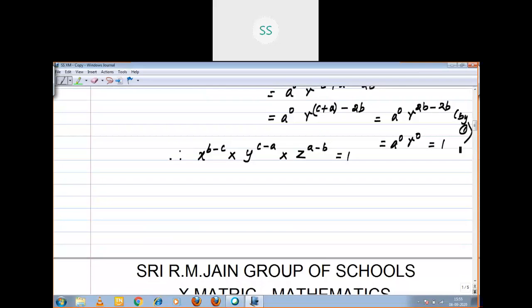Shall we move to question number 11? Question number 11, what is it? Sivamani is attending an interview for a job and the company gave two offers to him.